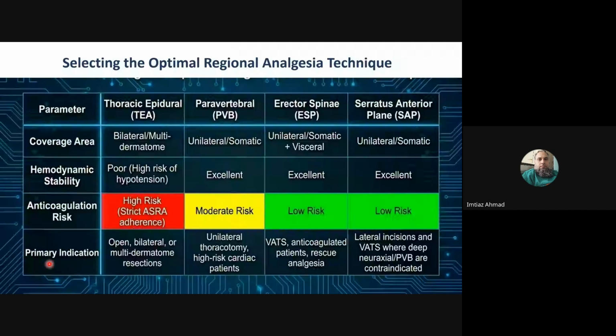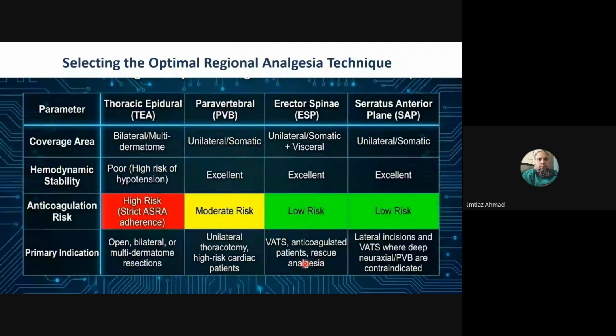Primary indications: in case of thoracic epidural, open, bilateral or multi-dermatomal resections. Mostly open thoracotomy, this is an excellent option. In case of unilateral thoracotomy, high risk or cardiac patient, paravertebral block can be used. Erector spinae block is an excellent choice in VATS and anticoagulated patients.